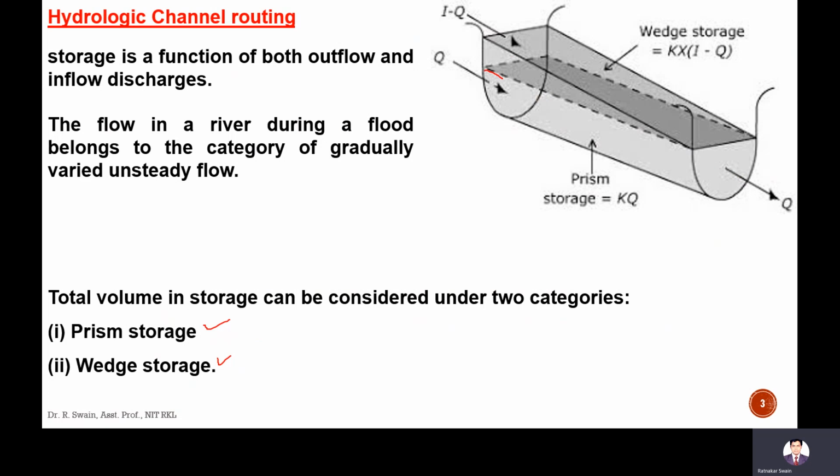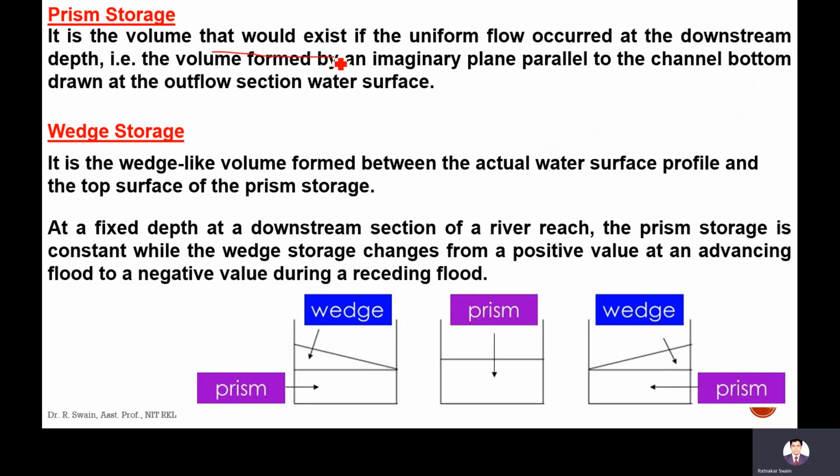Prism storage is the volume that would exist if uniform flow occurred at the downstream depth. It is the volume formed by an imaginary plane parallel to the channel bottom drawn at the outflow section water surface.